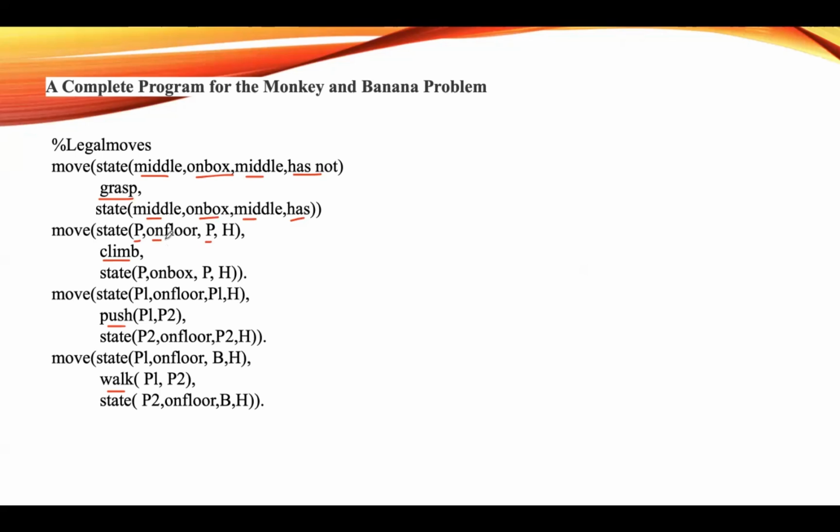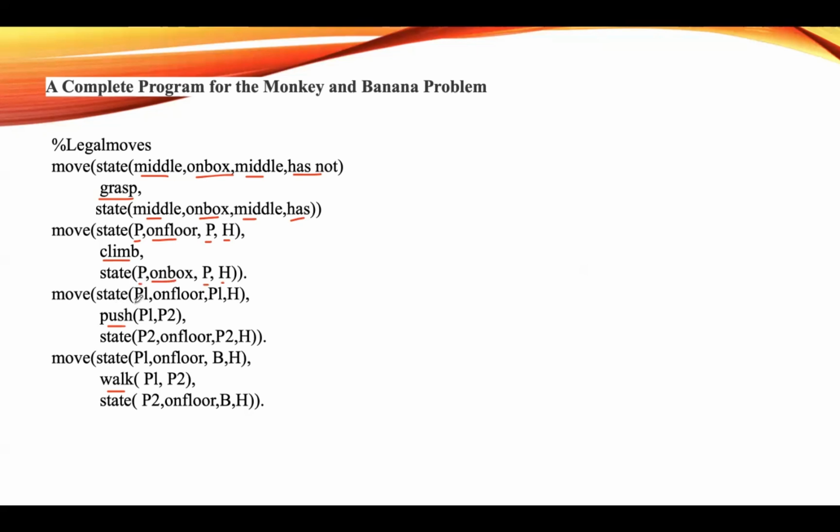The monkey is on the floor, and say it is having the banana. After the climb move, this position remains the same. All these three components remain the same. Initially, the monkey is on the floor. After executing this climb move, it will be on the box.